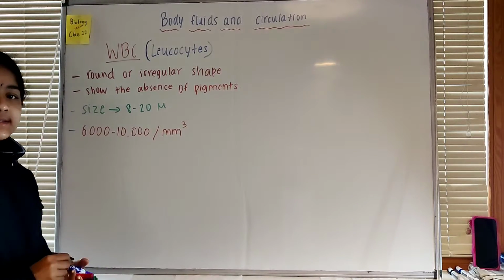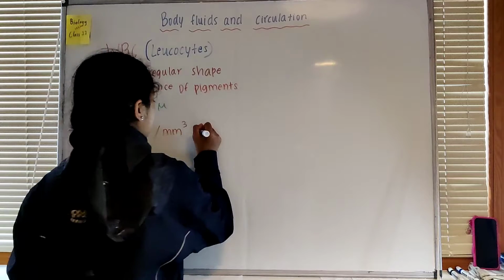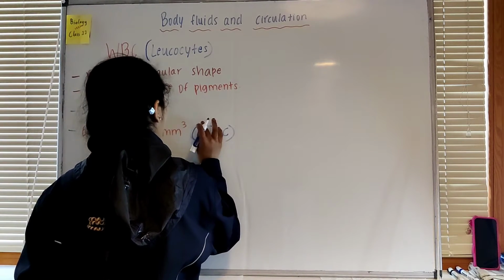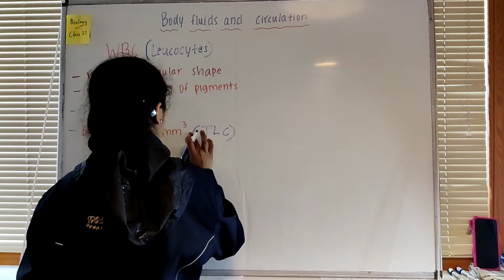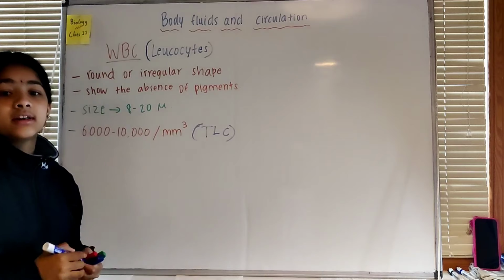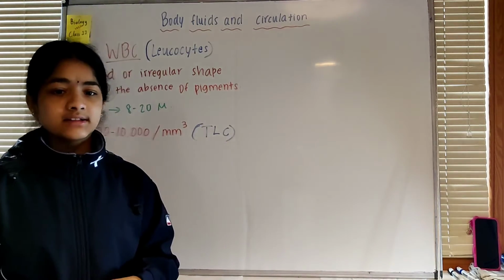Now the count of WBC is known as TLC, or total leukocyte count. So this is the TLC.